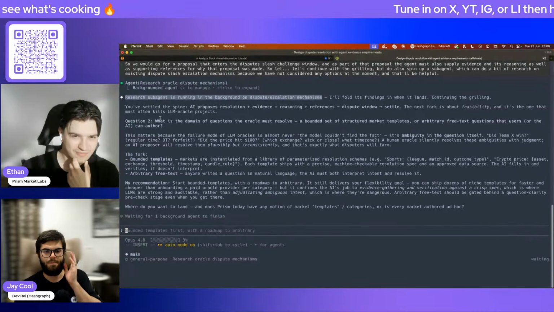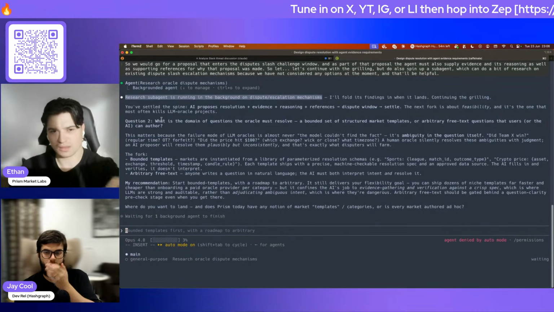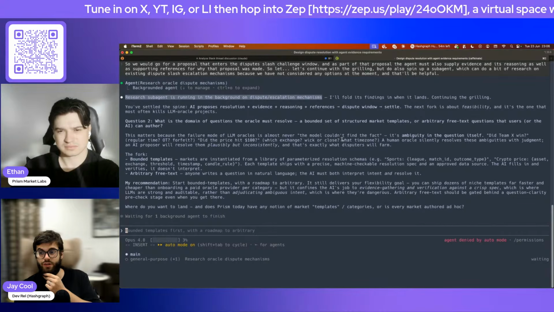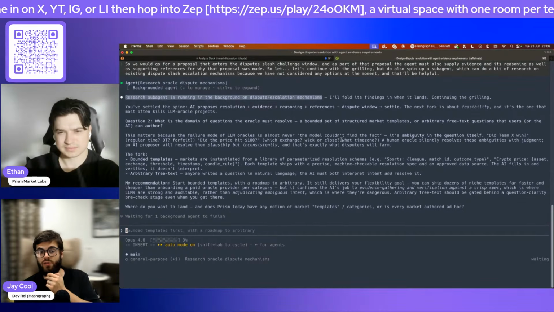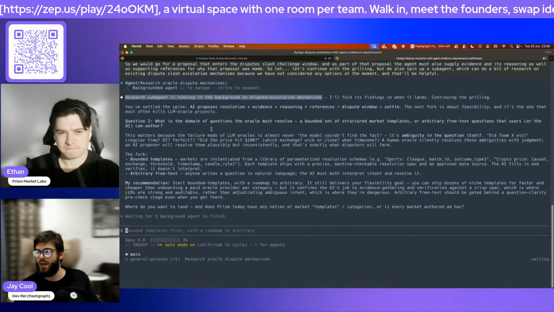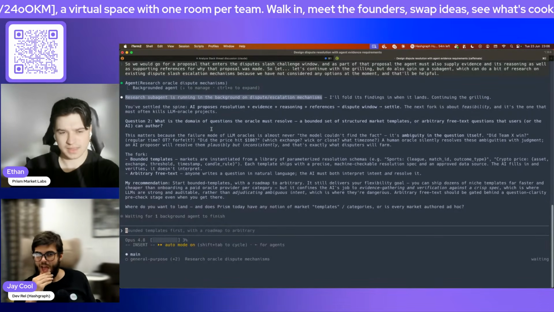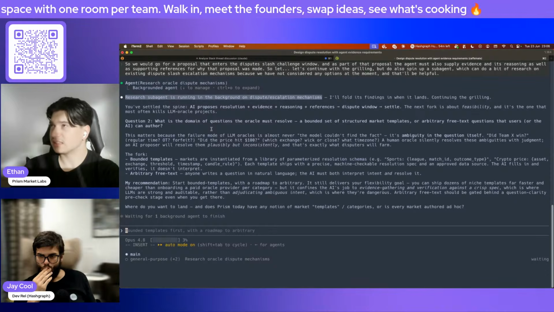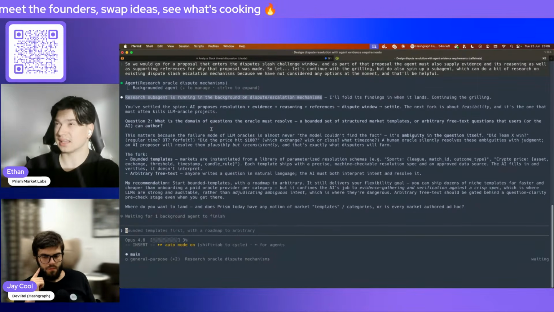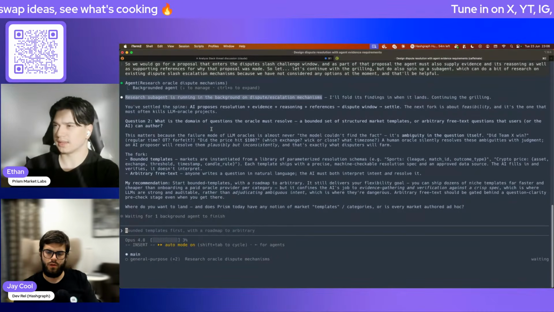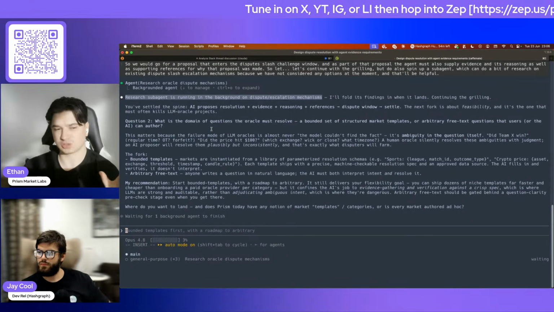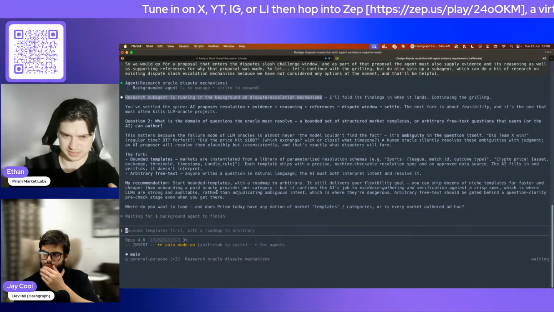Okay. Question 2. What is the domain of questions that the Oracle must resolve? A bounded set of structured market templates, or arbitrary free text questions that users or the AI can author? I know you mentioned you wanted to do more objective stuff, black and white, yes or no's, right? Yeah. And one way that we could really help guide the agent on what sources it uses is that we'd probably want to do our own internal research to find specific sources that we would trust 110%.